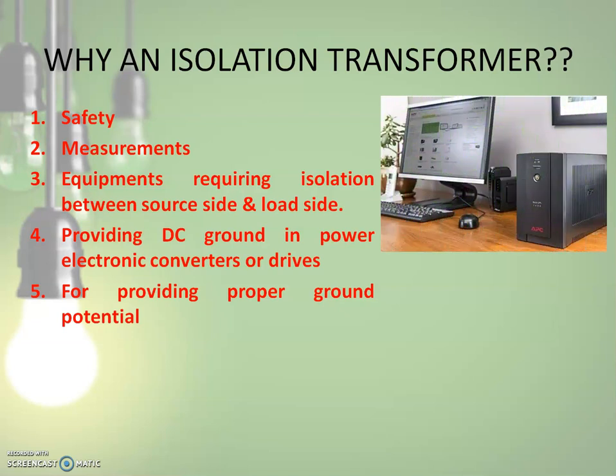Normally, we have discussed about the secondary being not grounded as an isolation transformer. Sometimes people say that isolation transformer is a transformer with secondary not grounded, but that is not true in every case, because sometimes we need to provide proper ground potential. That is, the ground potential between neutral and ground should be made very small in the range, say like 0.1, 0.2, etc. Because in the computers and other such sensitive devices, the ground potential varies with the system earthing.